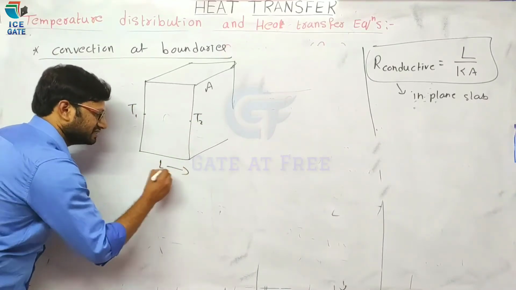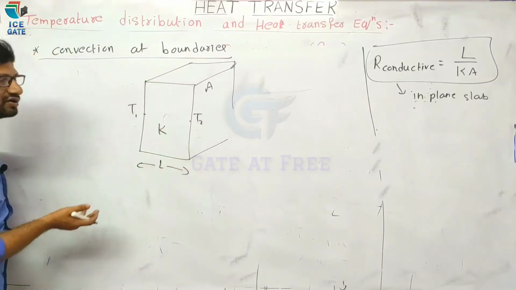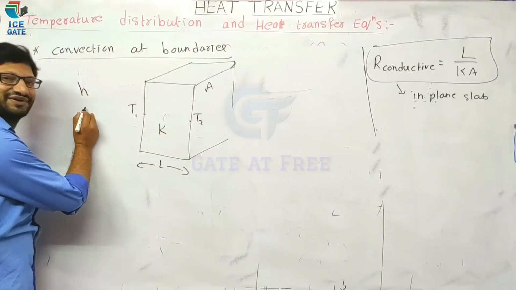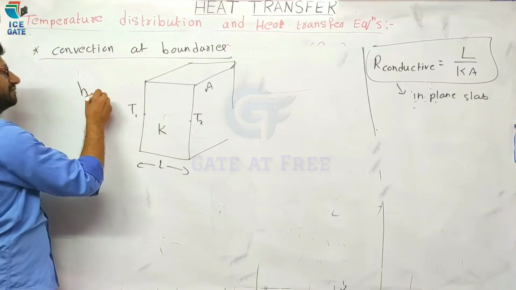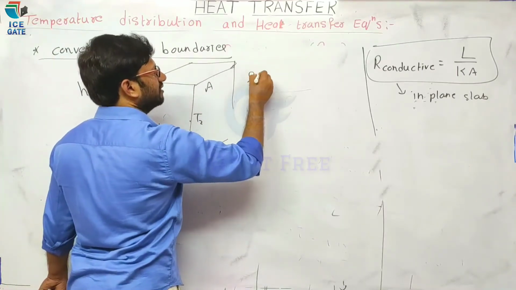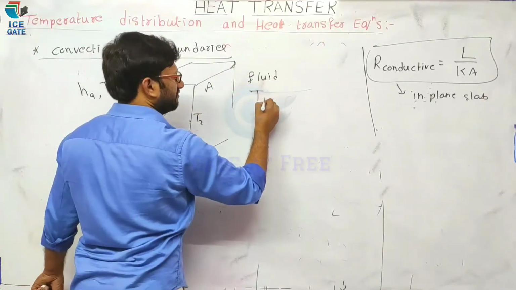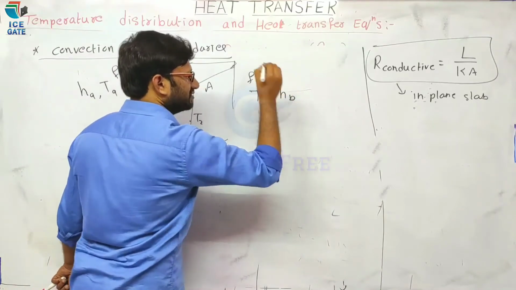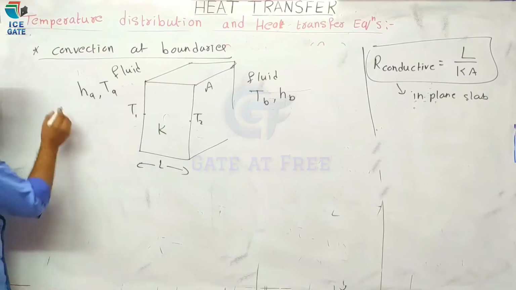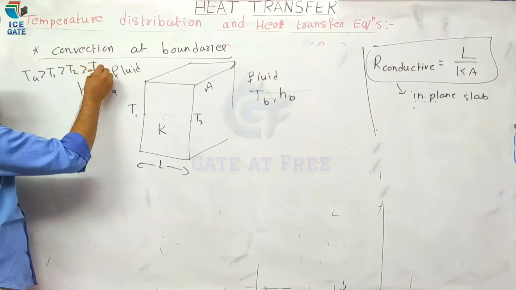Now this plane slab is surrounded by a fluid medium or two different fluid mediums. On the left side, a fluid medium having heat transfer coefficient HA and temperature TA. On the right side, another fluid having a temperature of TB and convective heat transfer coefficient HB. Now, say TA greater than T1 greater than T2 greater than TB.